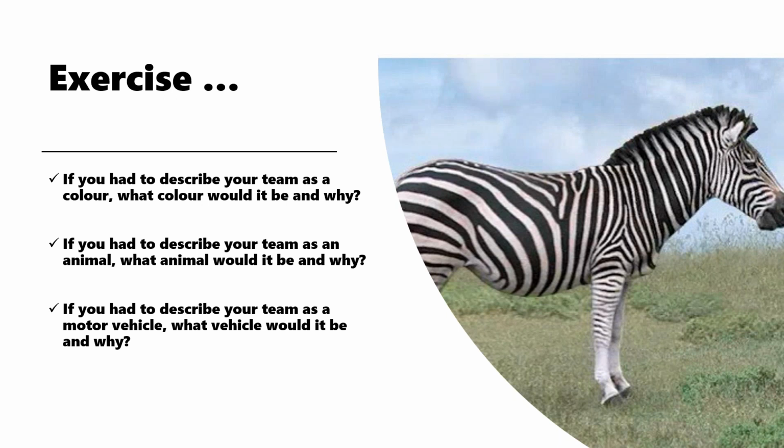Then once you've done that, once you've collected all that information, you can then say to the team, okay, magic wand time, if we could be the team that was achieving its maximum capacity, what colour would it be, what animal, and what vehicle?